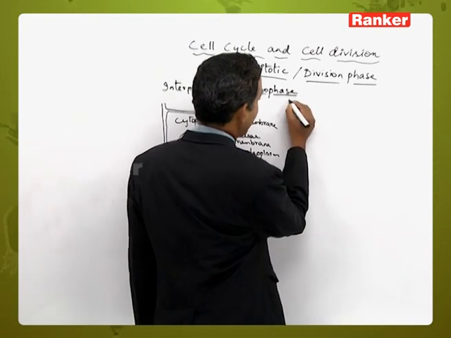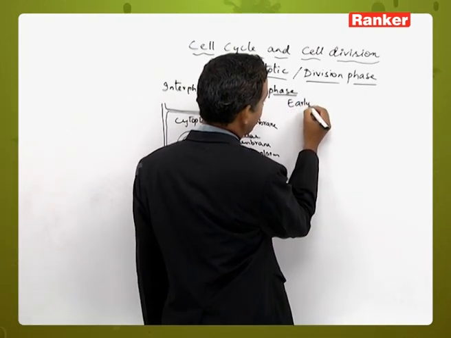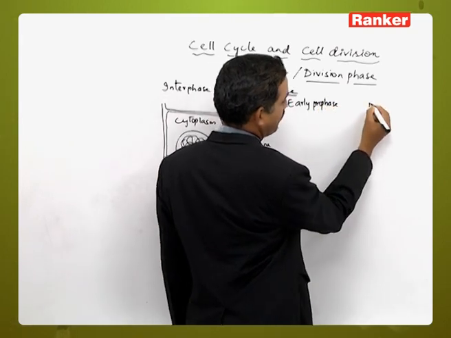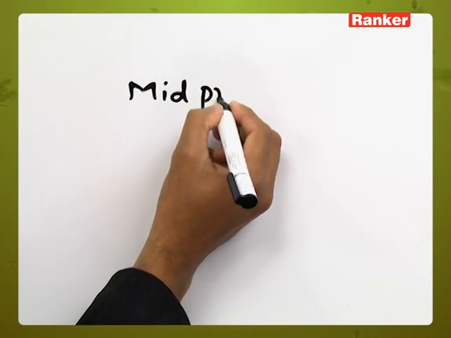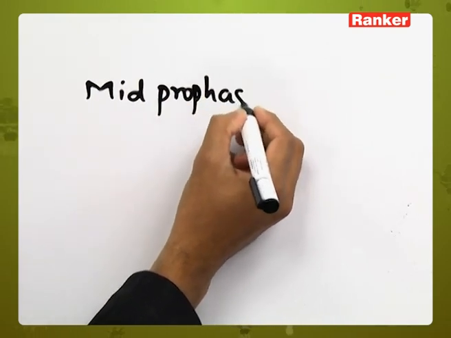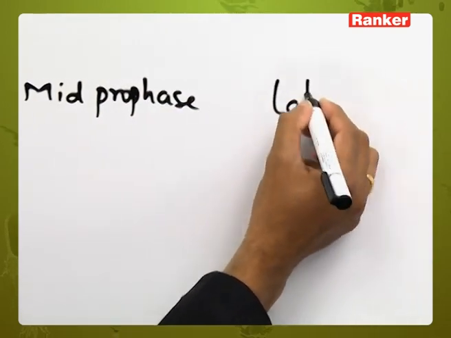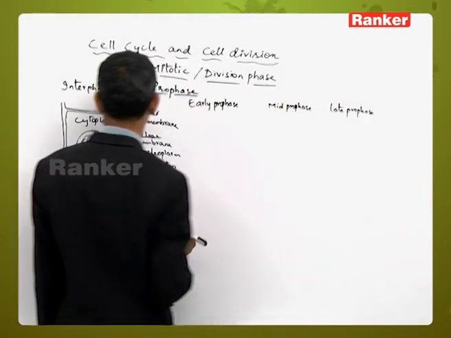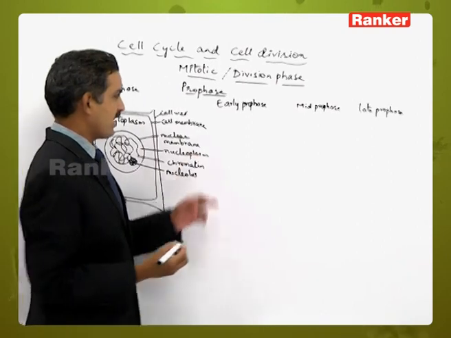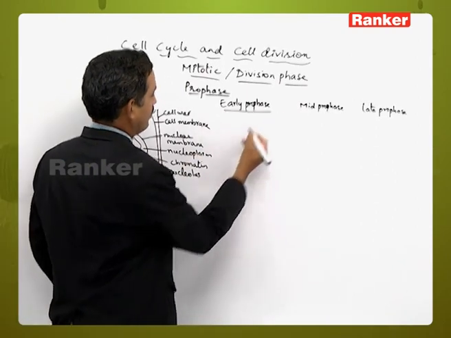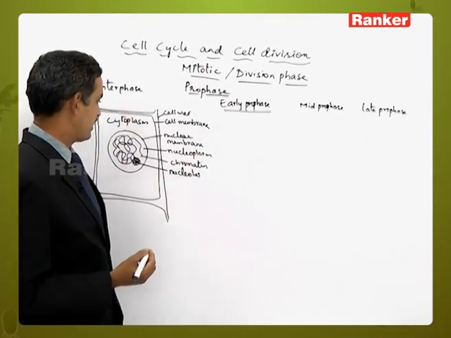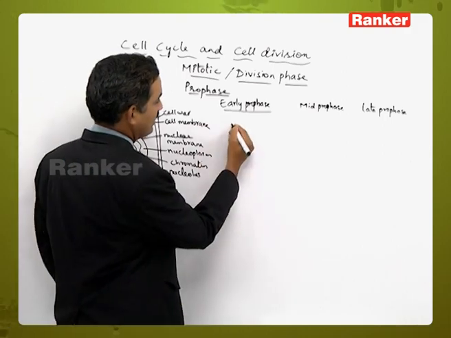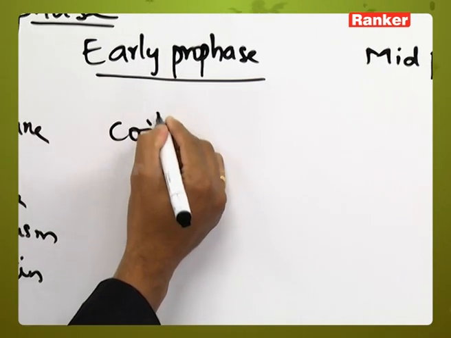Those are early prophase, mid prophase and late prophase. In the early prophase, the chromatin which is present gradually starts coiling.